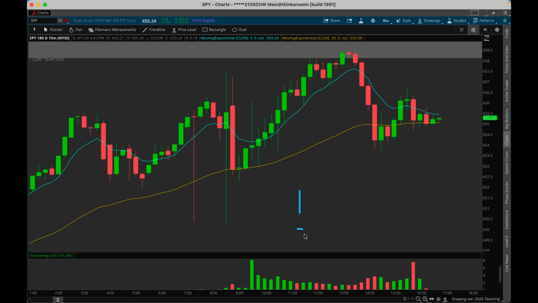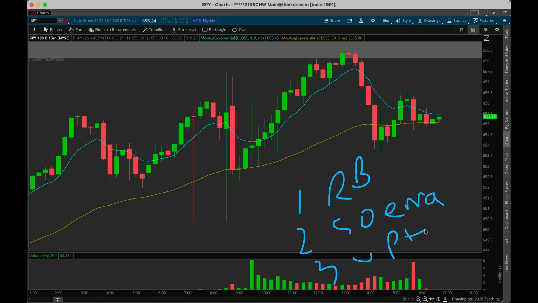So you got not only one, you got two, right? So range break, and then also the 50 EMA, right? This is also overall uptrend. So we want to gather as many clues as we can to give us a high probability decision. And you also got the price action giving you the signals.